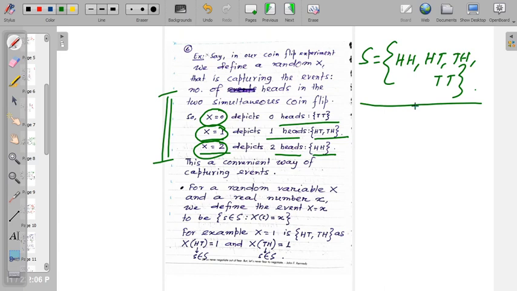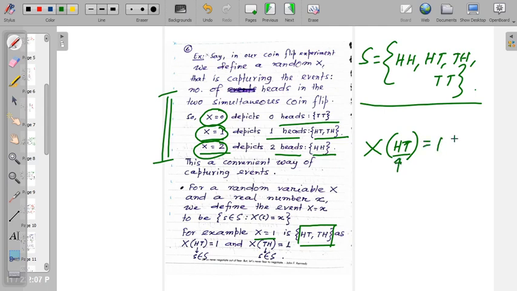Now this X equal to 1 comprises HT and TH. We can think of X as a function that maps the sample space into a number.